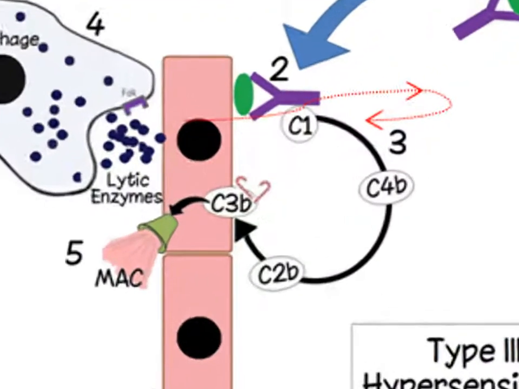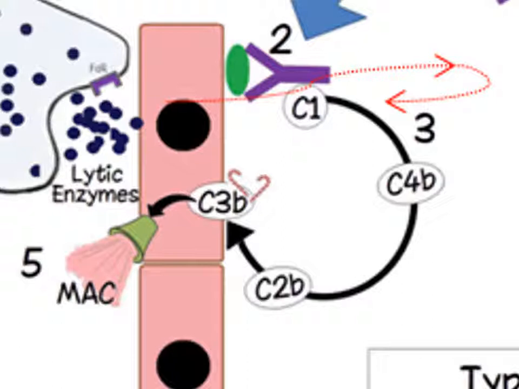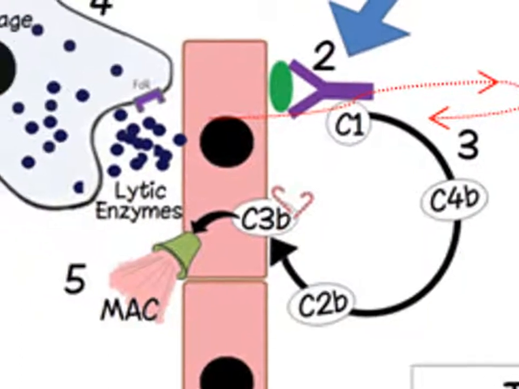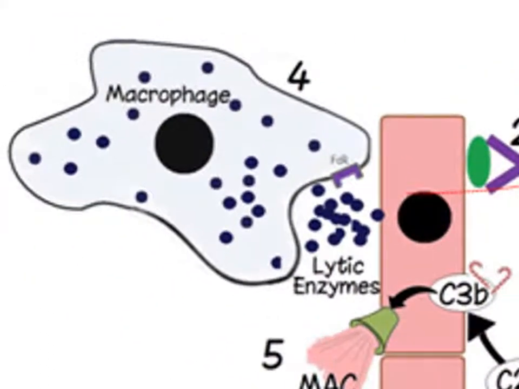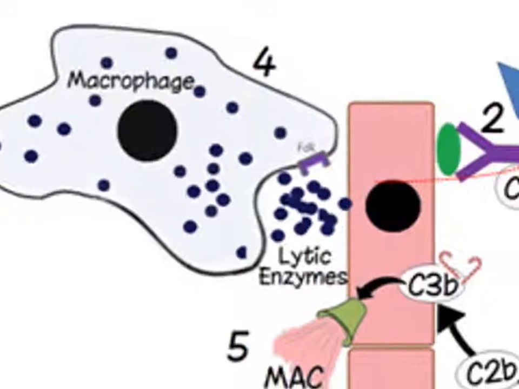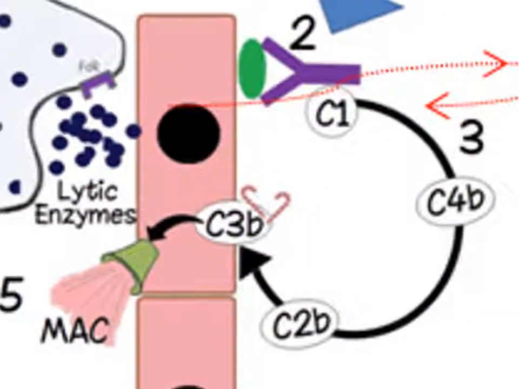The C3b complement fragments, as we have discussed before, have very strong opsonizing effects, and they attract more macrophages and more PMNs to the site of complement activation. Upon contact, these cells release their lytic enzymes on the tissue cells. Meanwhile, the C3b complement fragments activate complements 5, 6, 7, 8, and 9, the so-called MAC complex.